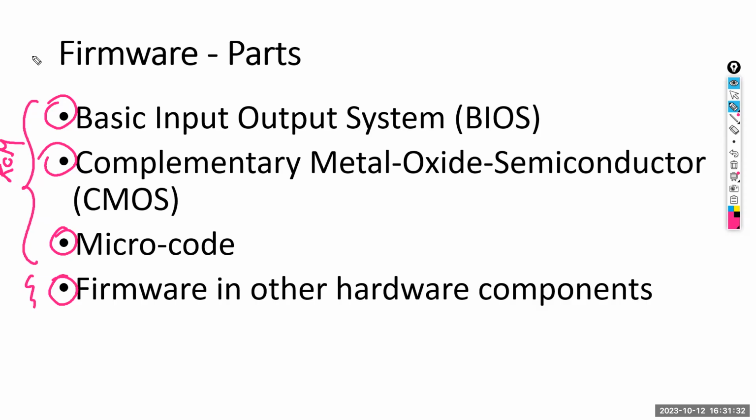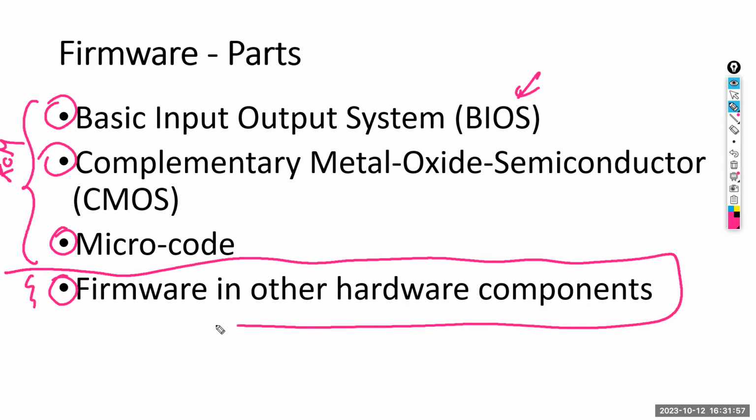So what are the three components? BIOS, or basic input output system, is the one that gives you compatibility between hardware and operating system. The CMOS is there, and we will look at what CMOS is. And there's another part called microcode. This is basically the firmware in other components, like your NIC, network interface card.